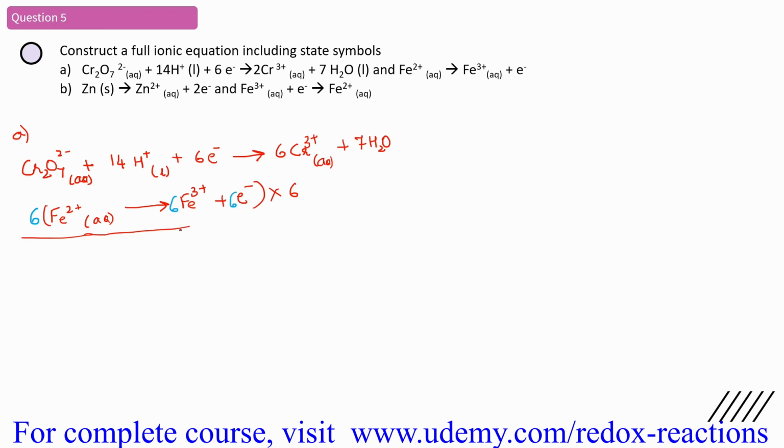So let us write the full ionic equation. We see that the electrons on the LHS and the RHS would get cancelled.